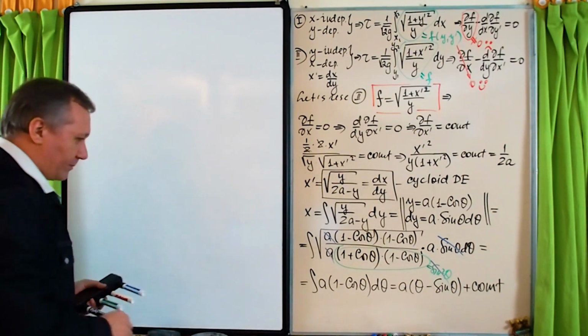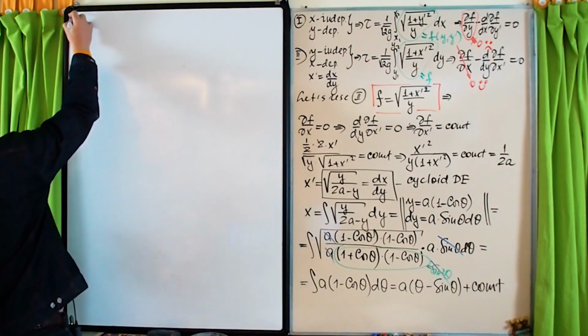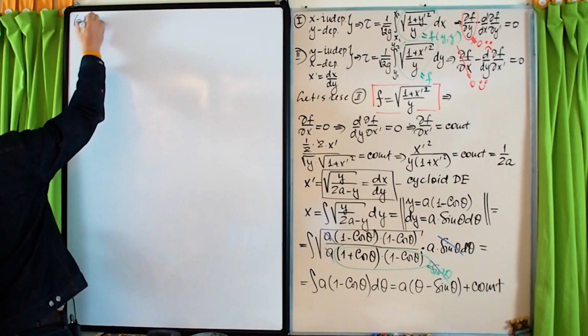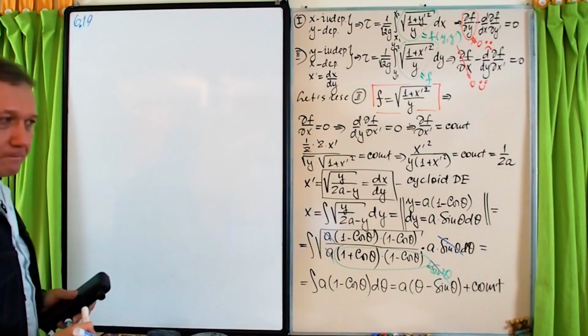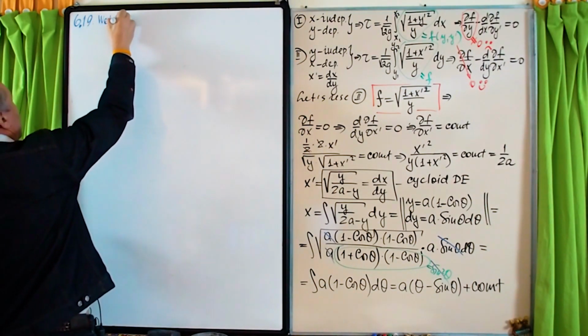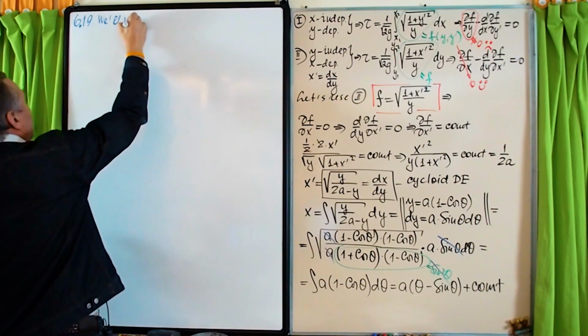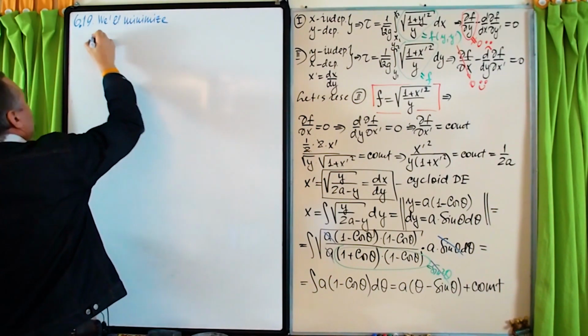Let me draw the picture. It will be easier to explain with a picture. So it's 619, and then I will write what we are going to minimize. So we will minimize now an area.